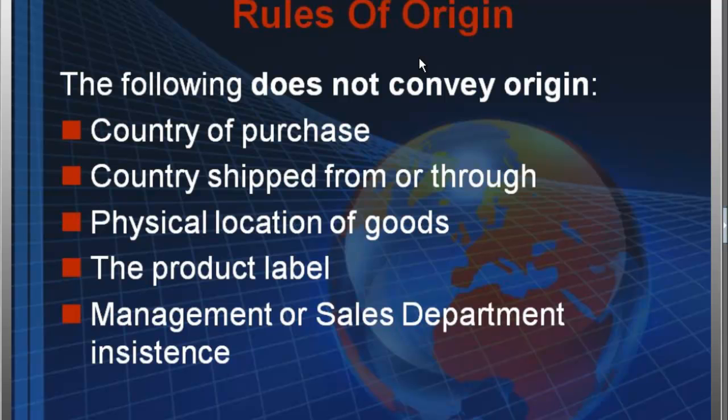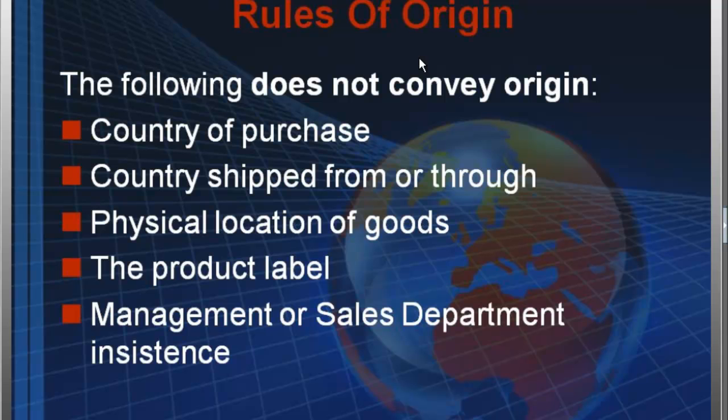So, the country of purchase. We have a free trade agreement with Singapore. Just because a good was purchased in Singapore does not mean that, one, it is a product of Singapore or that it meets the rules of the U.S.-Singapore Free Trade Agreement.